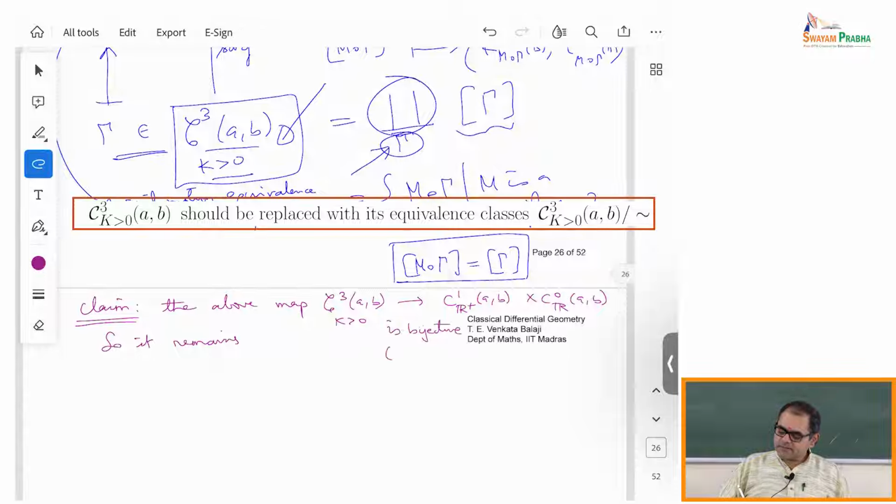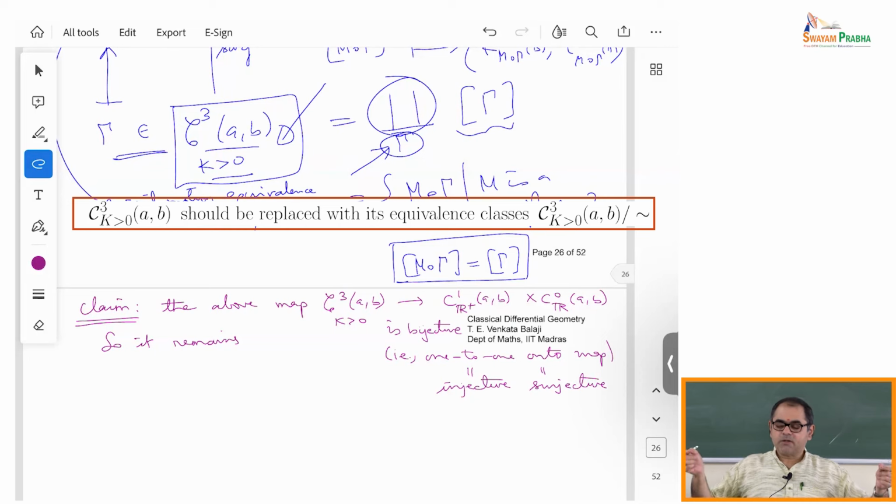That is, otherwise also called a one-to-one correspondence. Of course, one-to-one is the same as injective, and onto is the same as surjective. A one-to-one onto map is called a one-to-one correspondence. So what remains to be shown is the following: to prove two things.